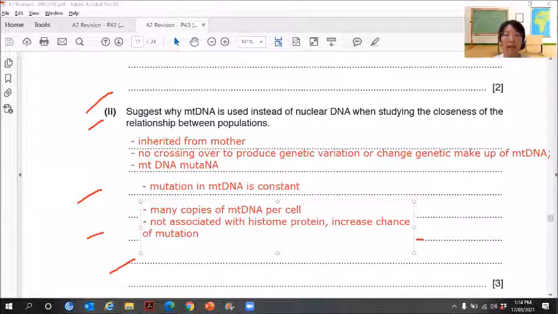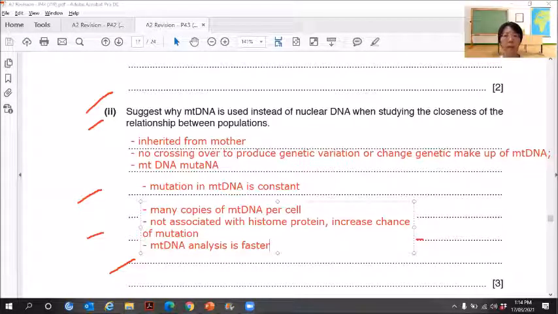So basically, these are the answers that you can write for why we use mitochondrial DNA. Right, the numbers are huge, so easy to isolate, so can obtain the results faster is also a marking point. mtDNA analysis is faster because all the mitochondrial DNA are the same, right?